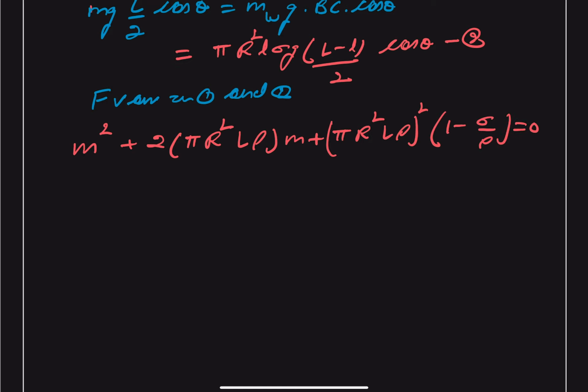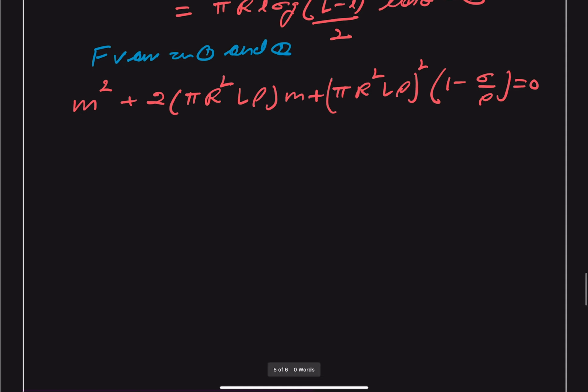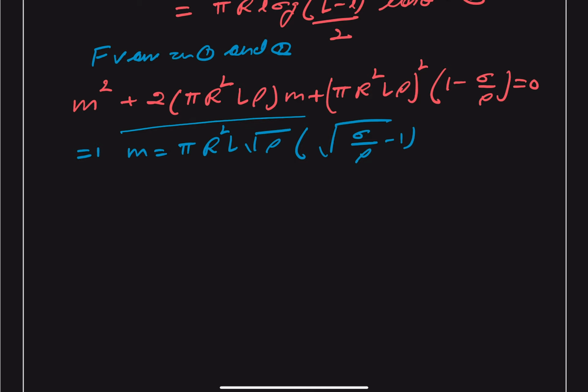Now this is a quadratic equation, and obviously it is going to have two solutions. So one of the solutions, we can put it directly, the value of m will be coming as pi r square L rho times the square root of (sigma divided by rho minus 1). So in both the cases, the answer will be coming as same.